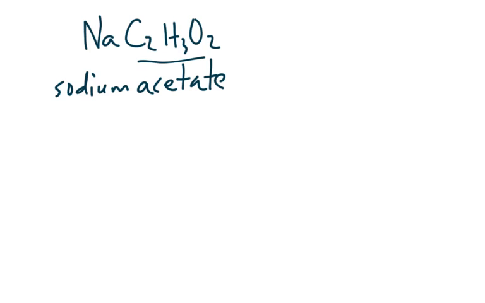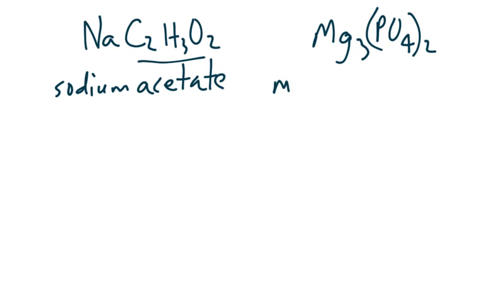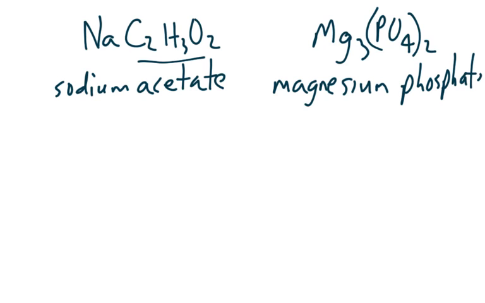Okay? Let's try another one. Here we got Mg3(PO4)2. So given this formula, how would we name this? Well, this is magnesium, and magnesium is with phosphate. So that would be magnesium phosphate. Okay, let's do one more.